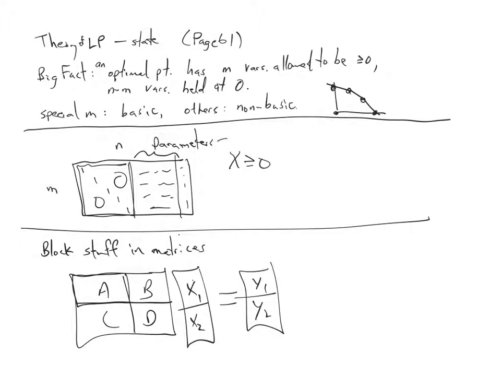So it doesn't matter. It's still true that A X1 plus B X2 equals Y1, and C X1 plus D X2 equals Y2. And you can also do row operations in blocks. We'll be using that in a very nice way to derive the results we need.